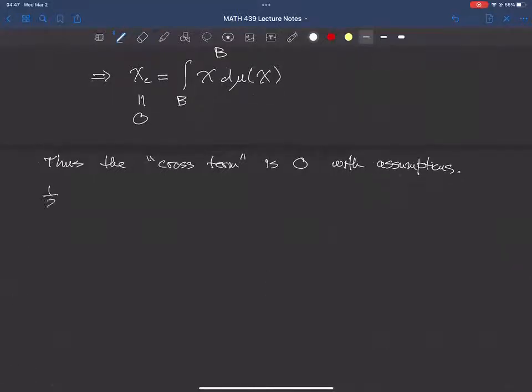So 1/2 integral over the body of norm r dot of t squared d mu of chi is, again, with respect to the integral, that's just a constant.